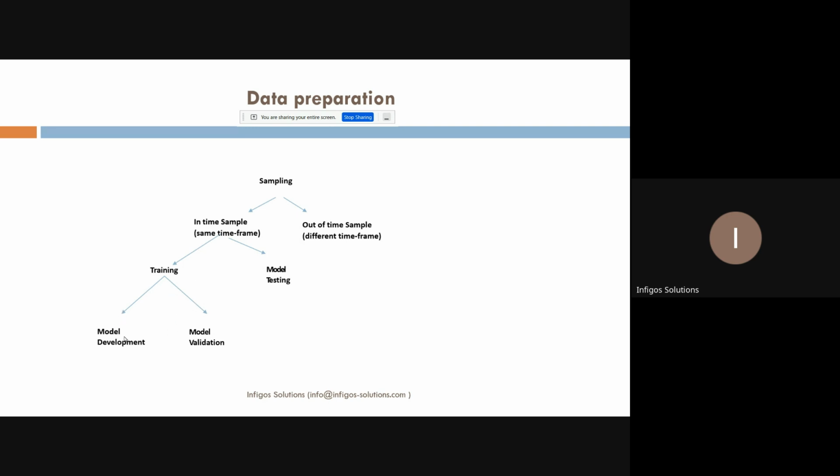You will have two parts, model development and model validation. So this is more like dividing the sample into multiple parts to test it multiple times. If you exclude this part, it will also be fine, but these two or three should be there.